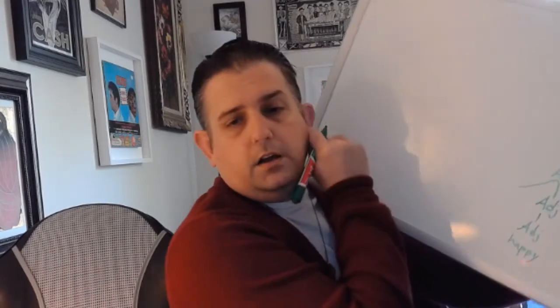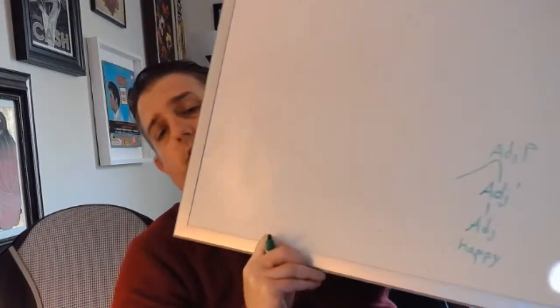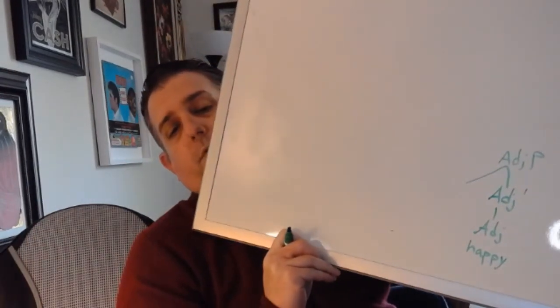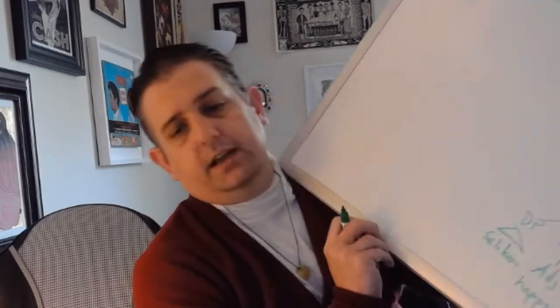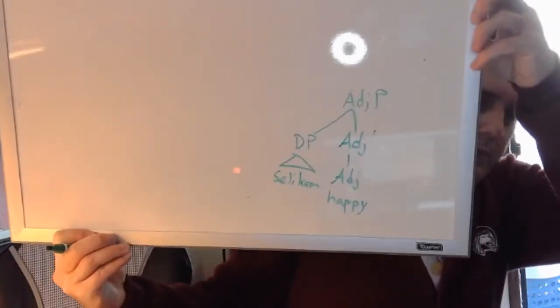Again, this is not really in the Carnie text. It might be. But I am going to put the DP Selicum in the specifier position of "happy" to begin the derivation. The reason I'm doing this is for theta purposes.